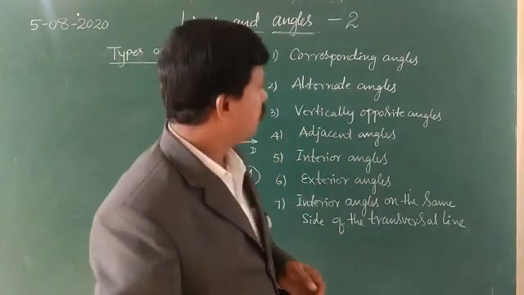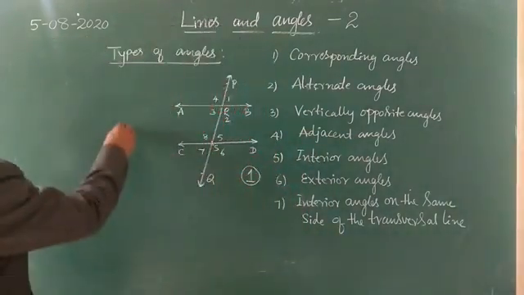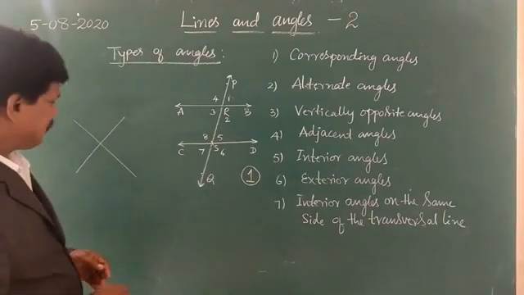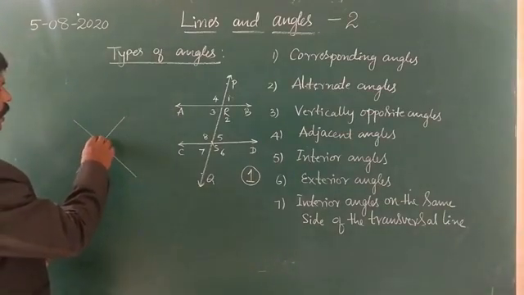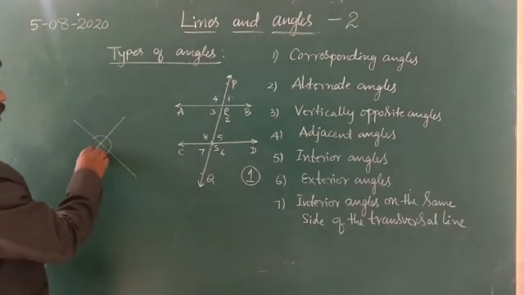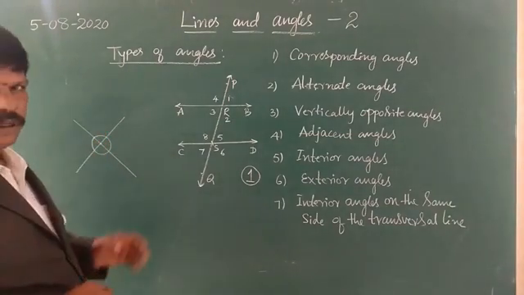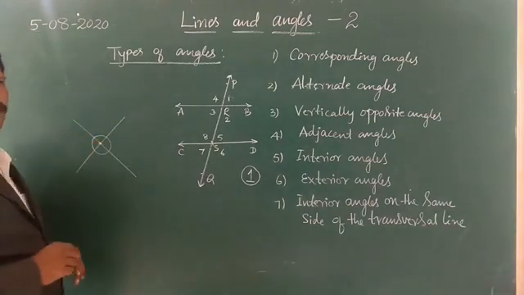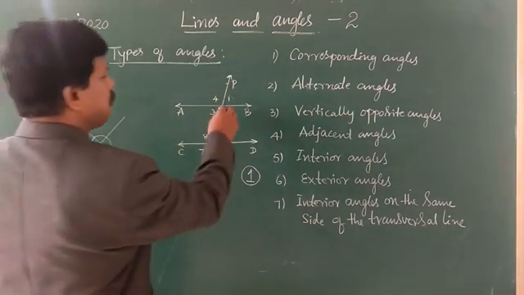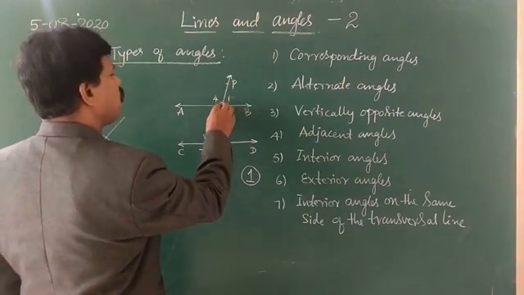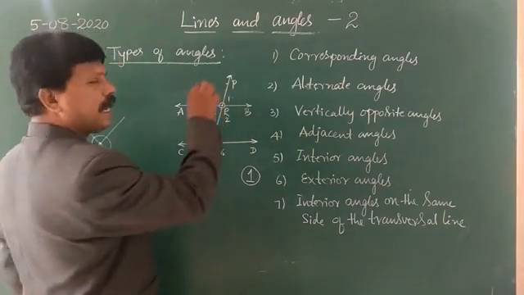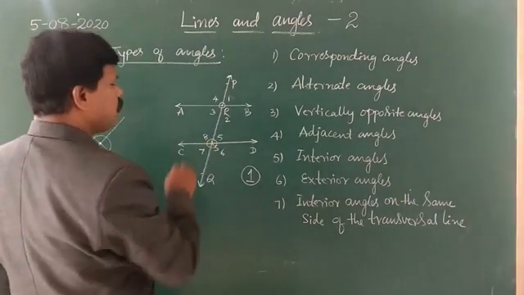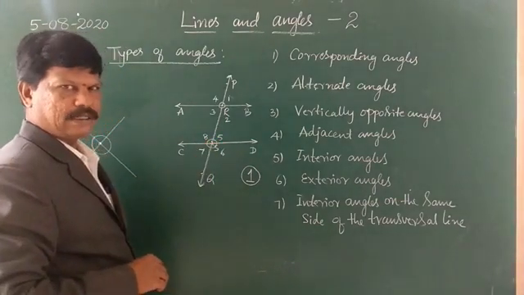An angle is formed where two lines intersect. When two lines intersect each other, 4 angles are formed at that intersecting point. Similarly, at the other intersecting point, you have 4 angles.